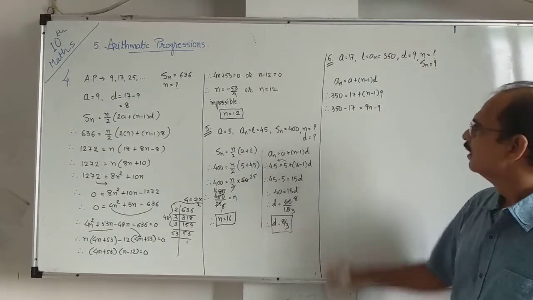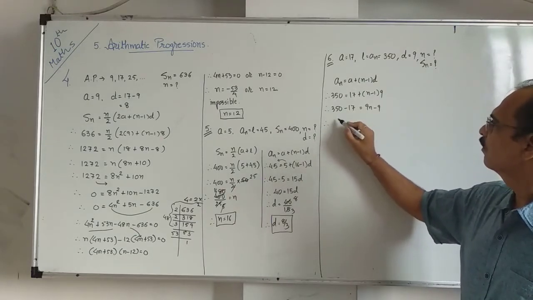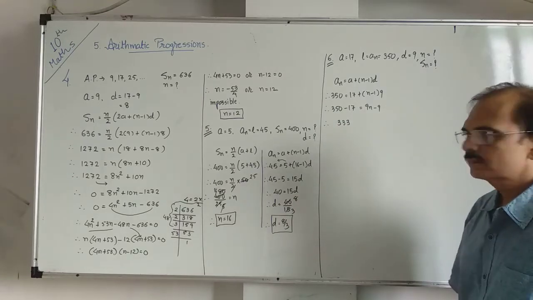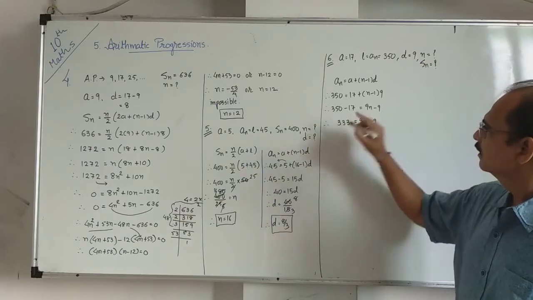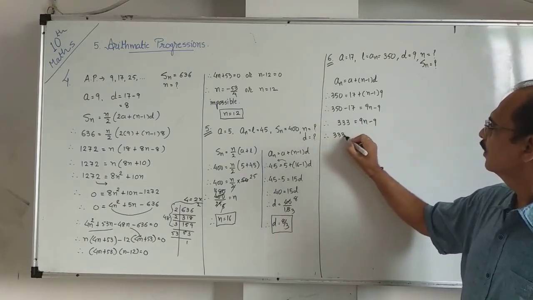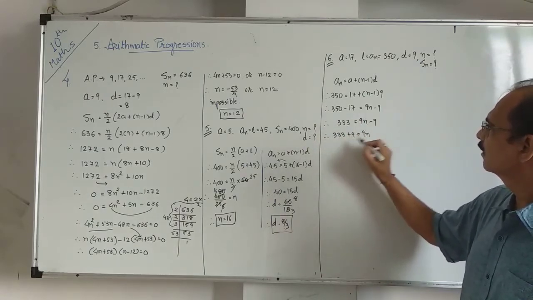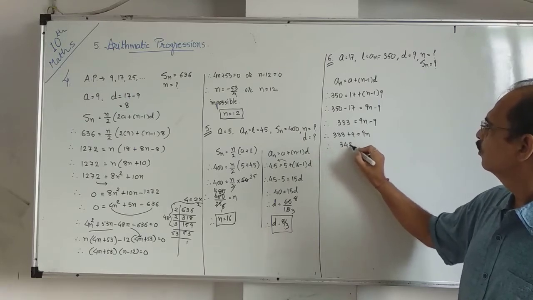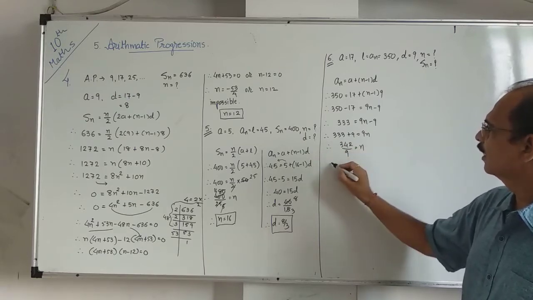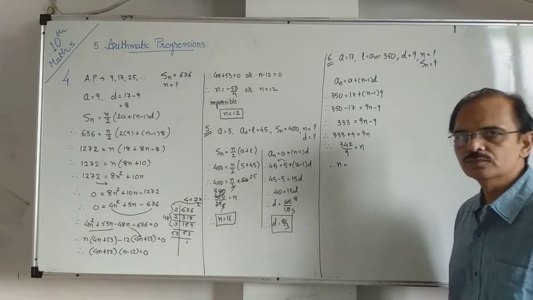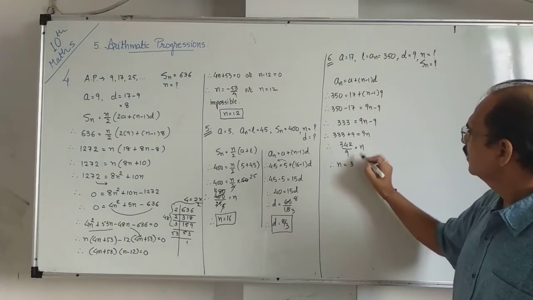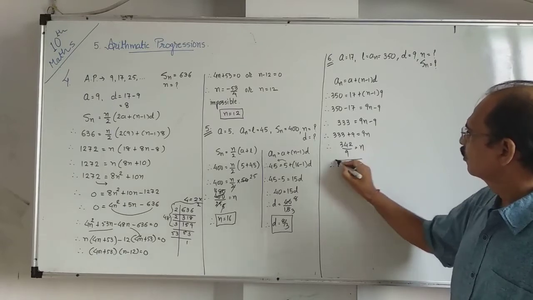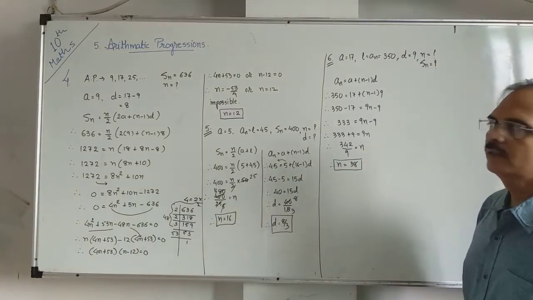Open the bracket. 350 minus 17 is 333, equals 9n minus 9. Minus 9 move other side, it will be plus 9: 342 equals 9n. 342 divided by 9, see the table of 9. 9 threes are 27, 72 means 9 eights are 72. So n equals 38.